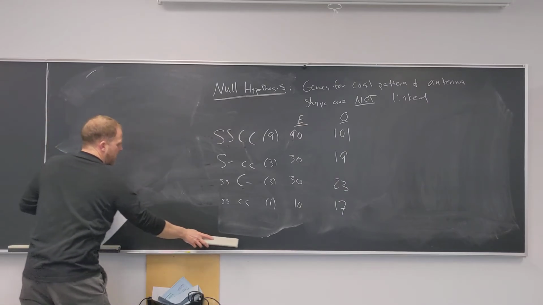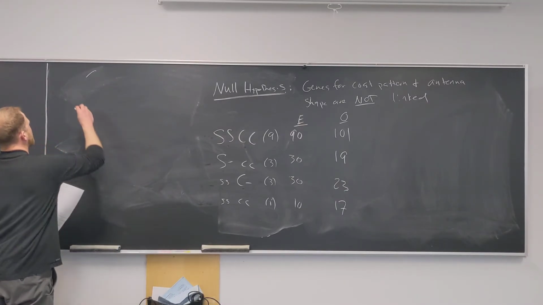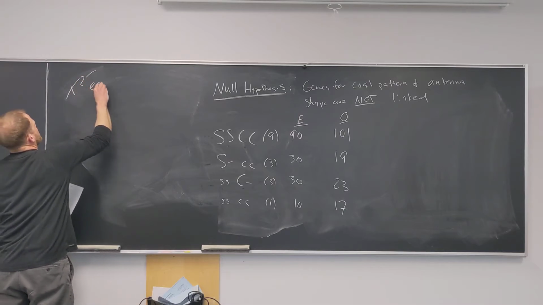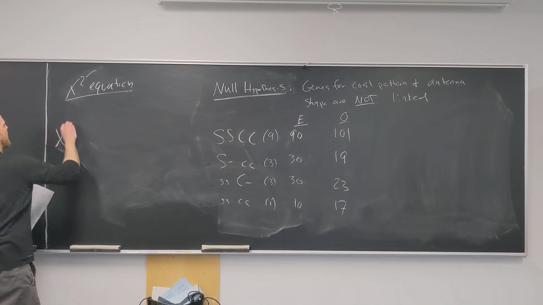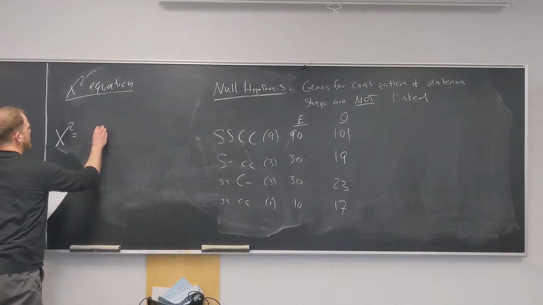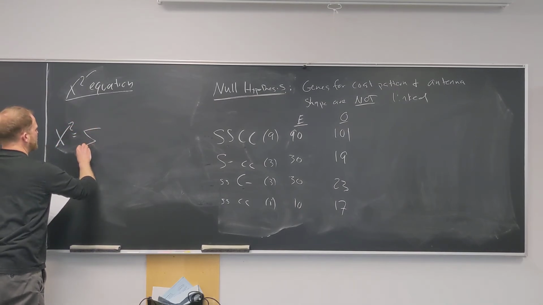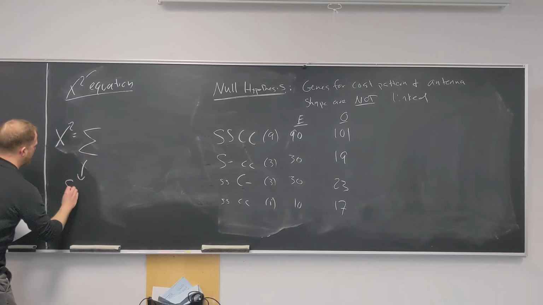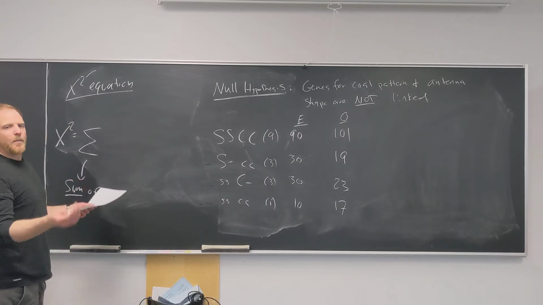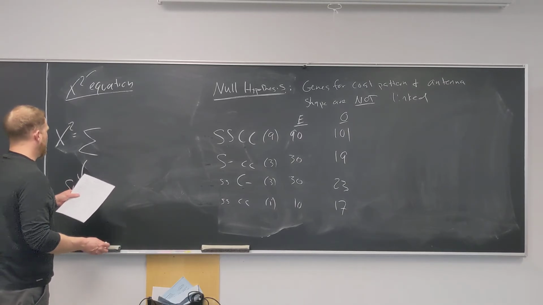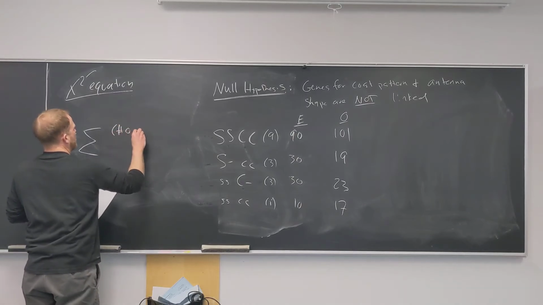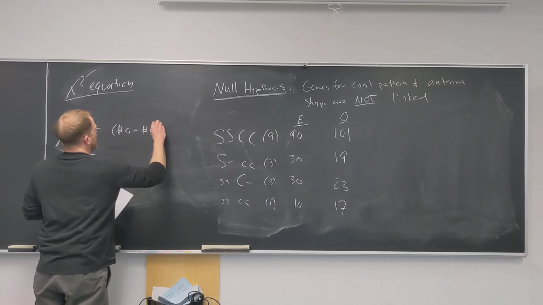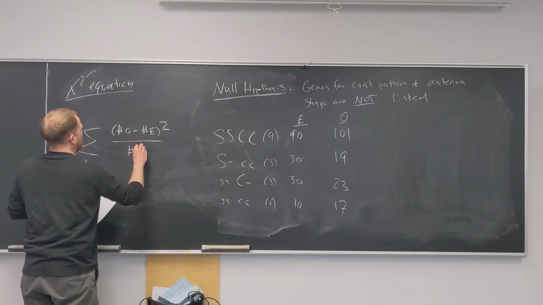So I'll put down the equation now, the chi-squared equation. Chi-squared equals sigma, the Greek symbol, which is a way of saying the sum of. We're going to add up a bunch of numbers: the number observed minus the number expected, squared, over the number expected.